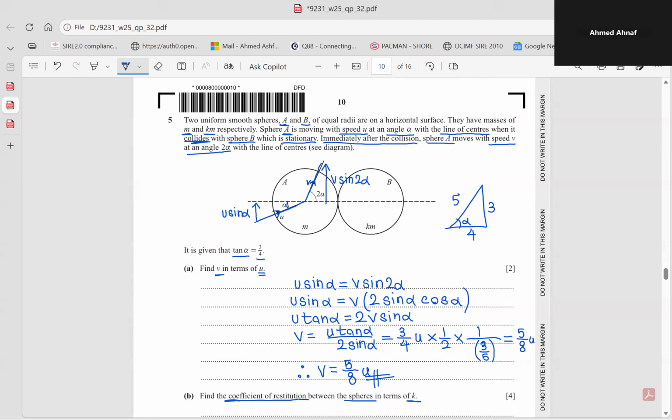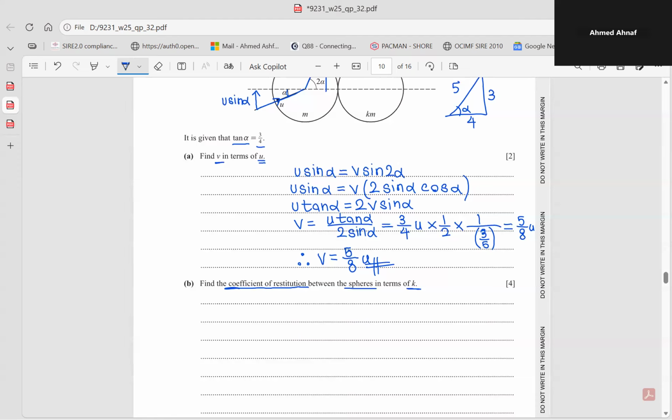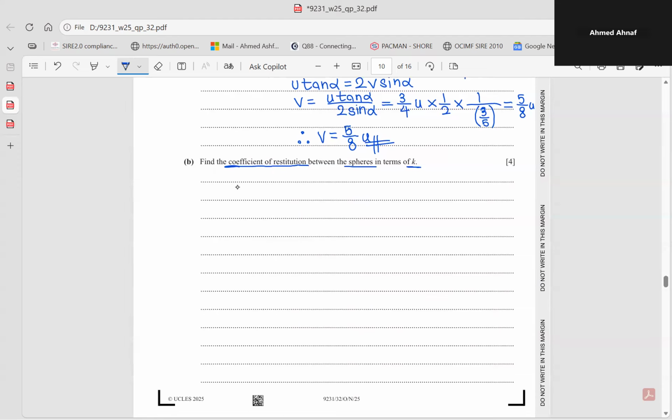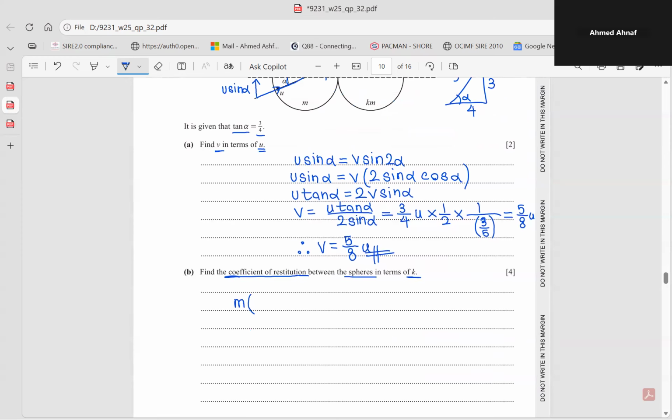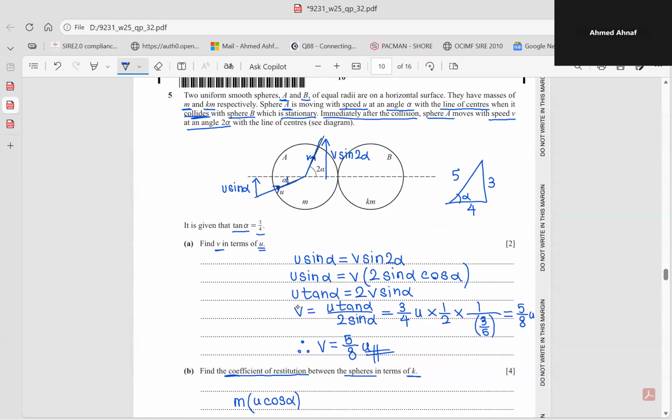So the initial momentum is just the initial momentum of A, which is m u cosine alpha, plus km times 0.